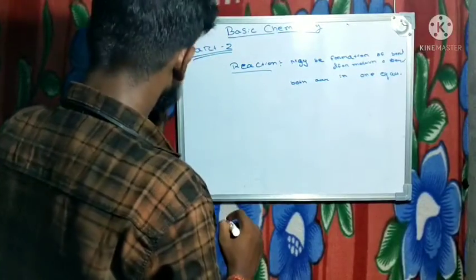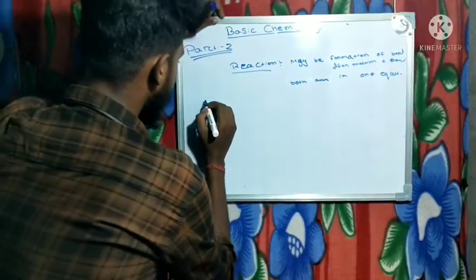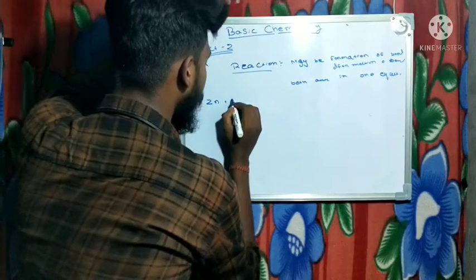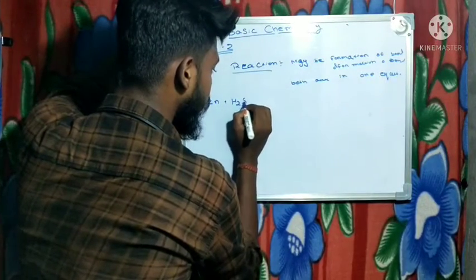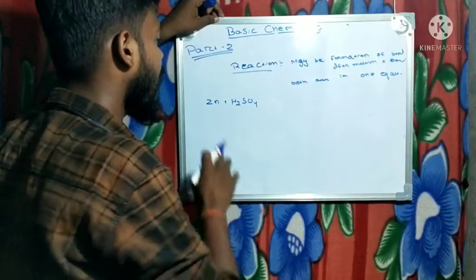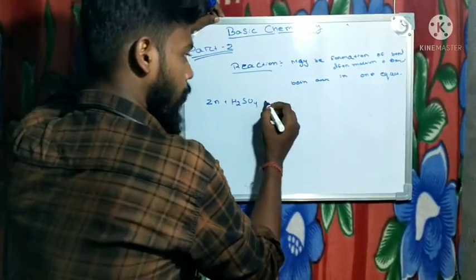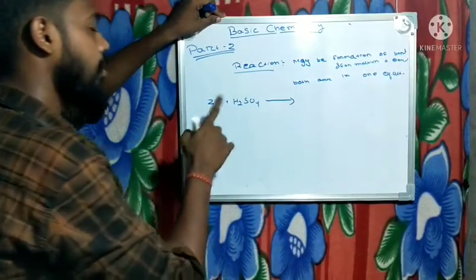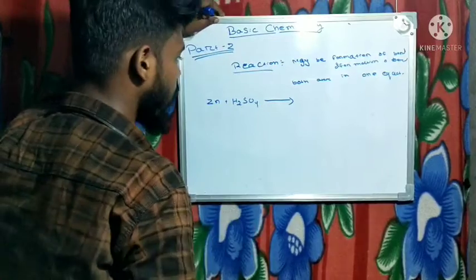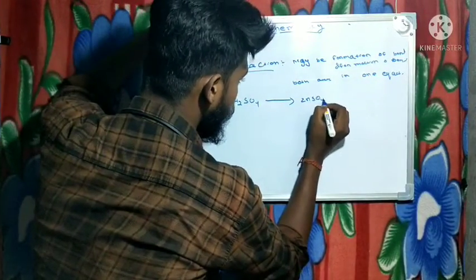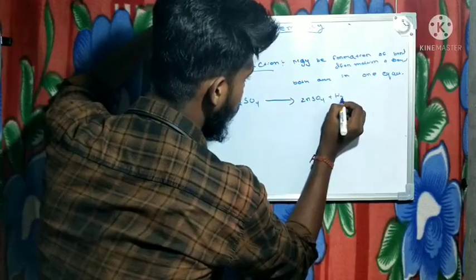See here, if we add zinc, Zn, with sulfuric acid, don't worry, we will discuss everything. Because this is the reaction, we have to start from the reaction and go toward the example first. When Zn mixes with sulfuric acid, H2SO4, it forms ZnSO4, zinc sulfate, with a bubble of hydrogen gas.